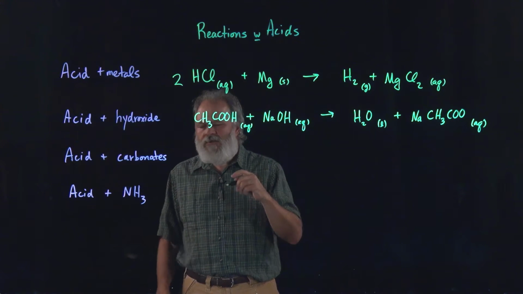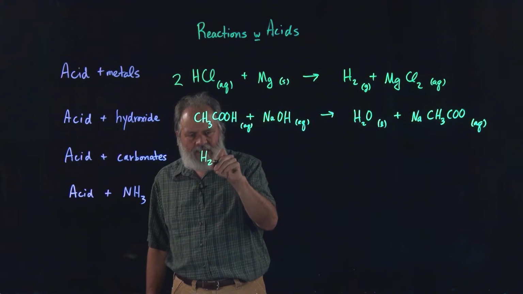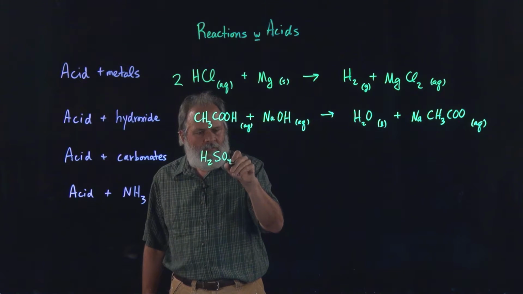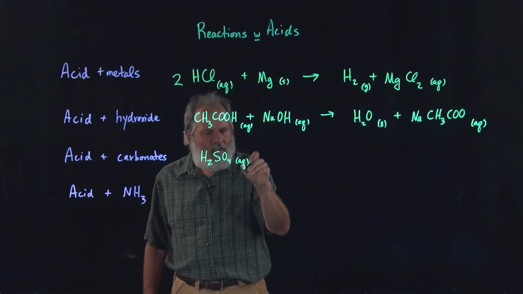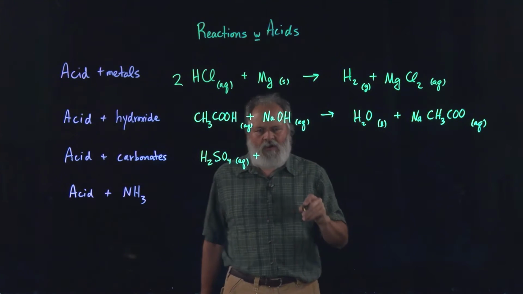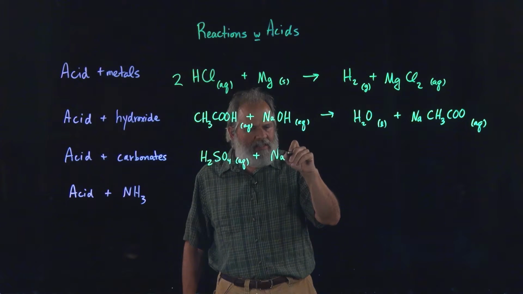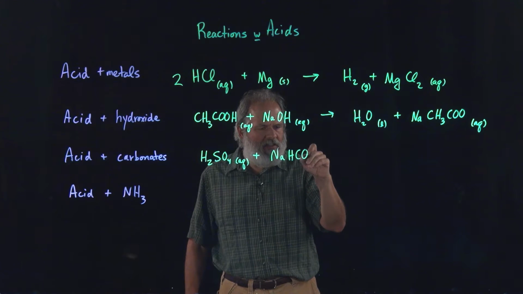All right, let's do another example of an acid with a carbonate. Let's do sulfuric acid. And I'm going to react it with a carbonate which already has one of the protons on it. This is baking soda, sodium hydrogen carbonate.